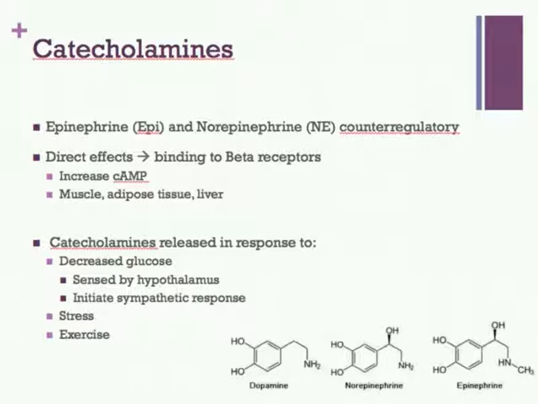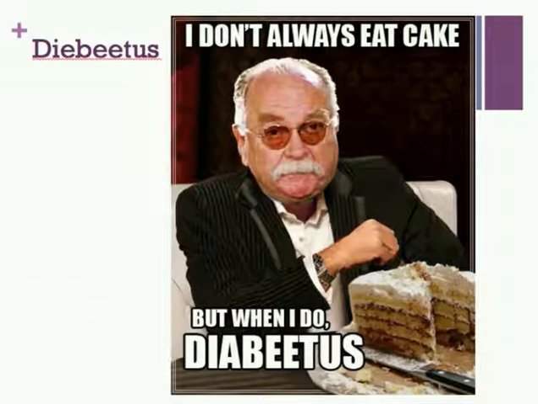And you would expect catecholamines to be released to initiate the sympathetic response. So when they are around, we are going to inhibit things like insulin activity, because we don't want to lower the blood sugar when the body is stressed or when the body is exercising. The glucose needs to be available to the exercising tissues.